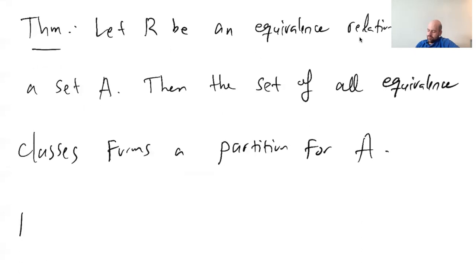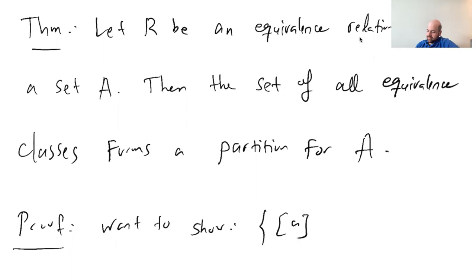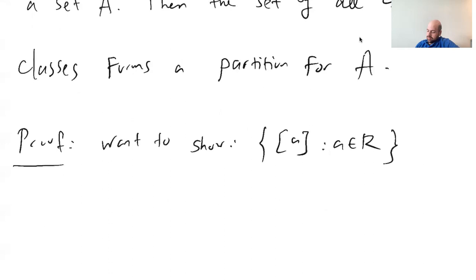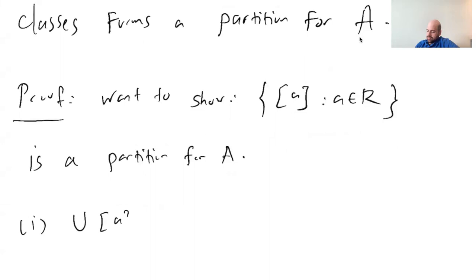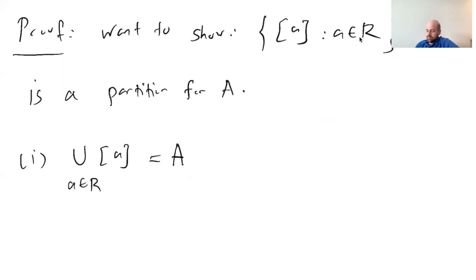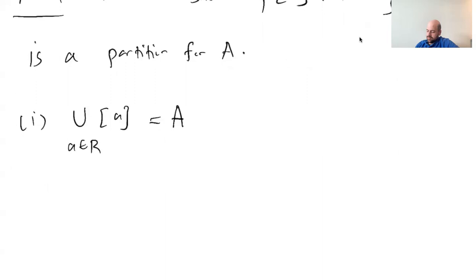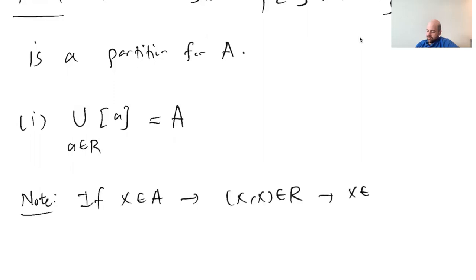Okay, now if you want to prove this, proof. So we want to show that this collection of equivalence classes, where a belongs to A, is a partition for A. So first, the union of all these equivalence classes will be the whole set A. Note, if some x is in A, then x and x is in R, because R is reflexive.